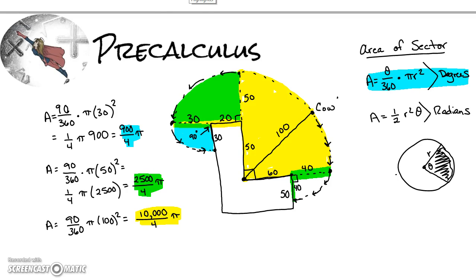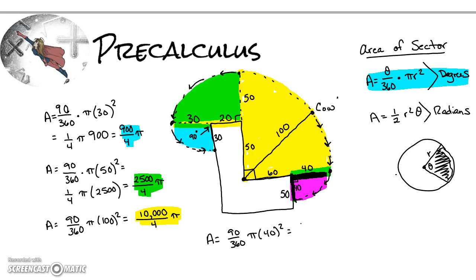And then we just have one last portion. I'll go ahead and make that pink, or purple, whatever you want to call it. So that's that last little quarter of a circle. Again, the angle is 90, but the radius of that part, I'm going to write it over here, is 40. So we're going to have 90 out of 360 pi times 40 squared.